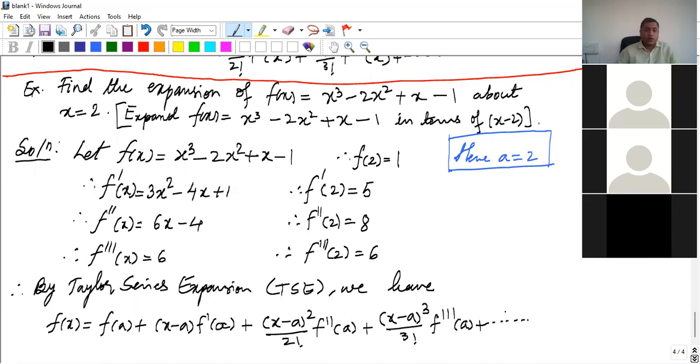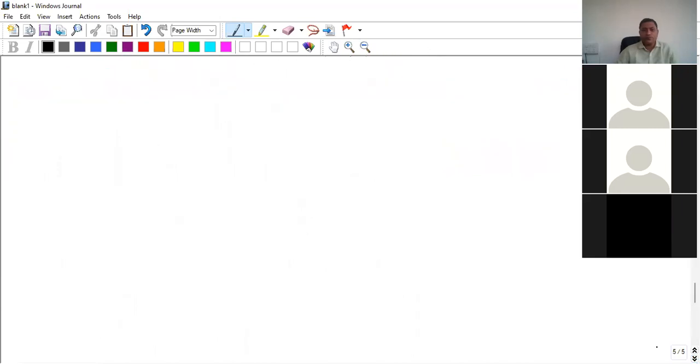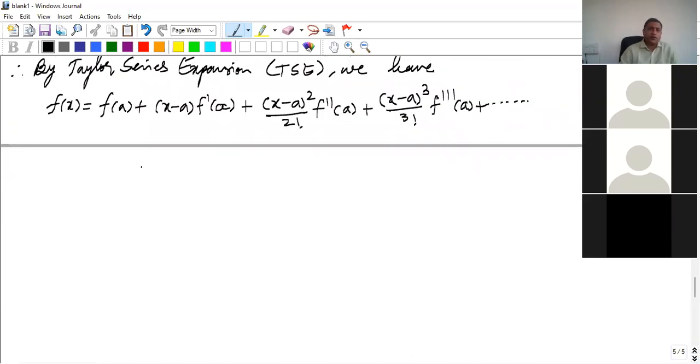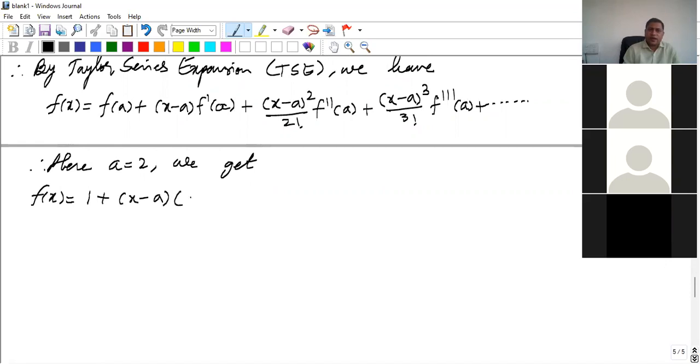Now we know what the value of a is here. It's going to be 2. So we can write here a is equal to 2. We are able to get f of x is equal to f of a, which we have calculated as 1, plus x minus a times 5.